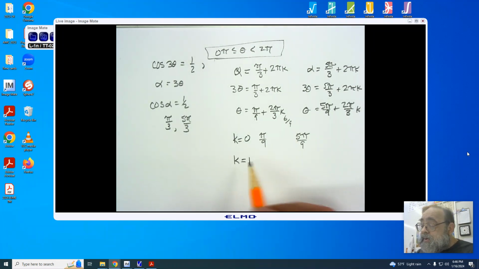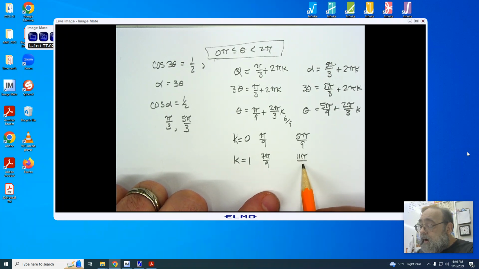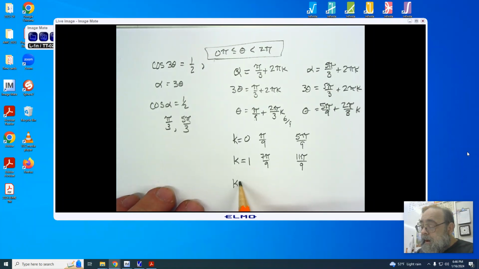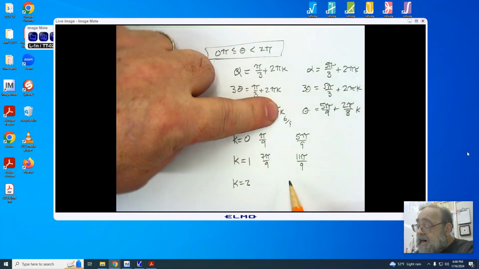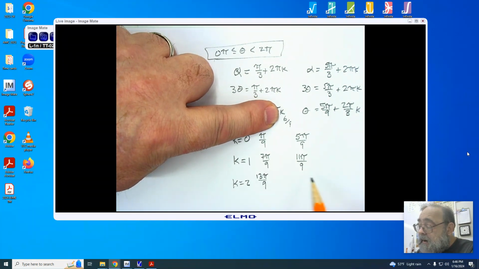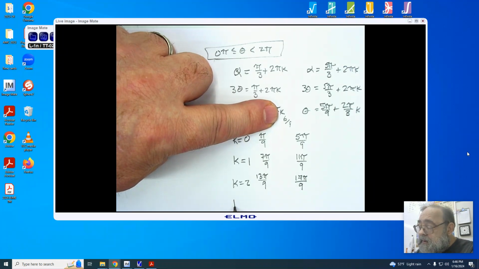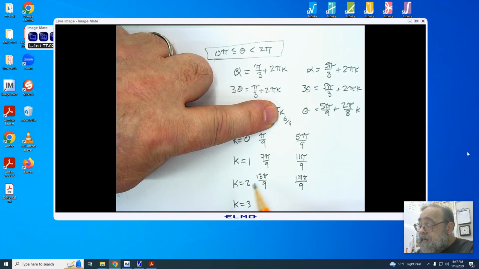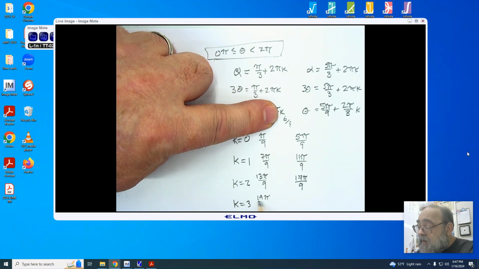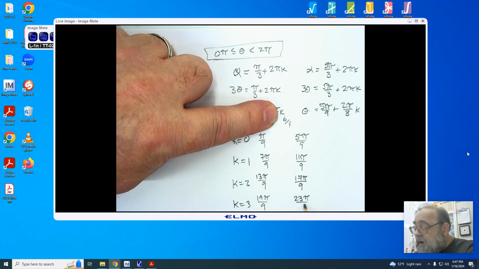If I have k equals 1, I'm looking at 7 pi over 9 and 11 pi over 9, separated by 4. K equaling 2, I'm now going to add another 6 pi over 9, and I get 13 pi over 9 and 17 pi over 9. Let's do one more, k equals 3. That's going to give me 19 pi over 9, and 23 pi over 9.